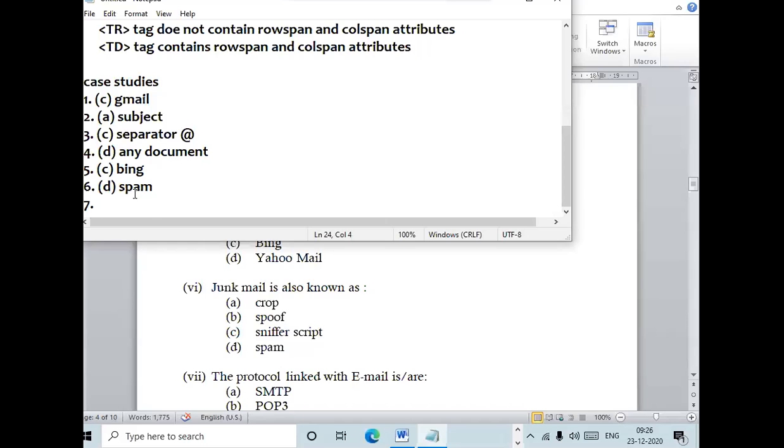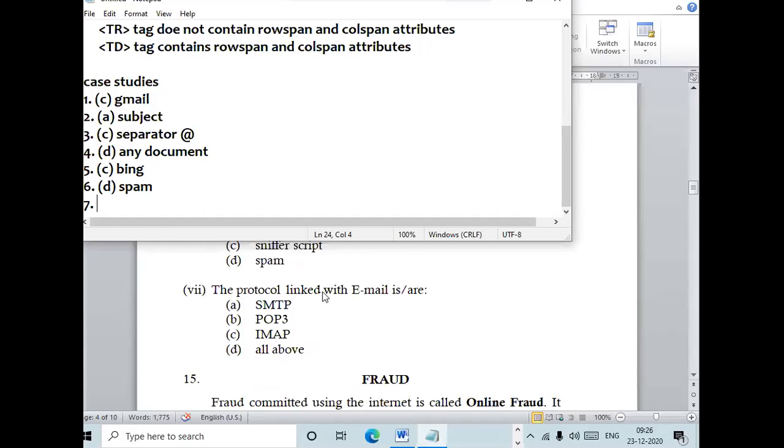Seventh MCQ. The protocol linked with an email. SMTP, Simple Mail Transfer Protocol. POP3, Post Office Protocol. IMAP, Internet Message Access Protocol. Beta, IMAP's full form is Internet Message Access Protocol.